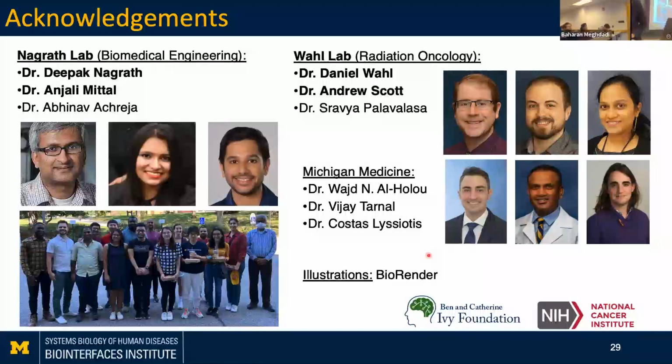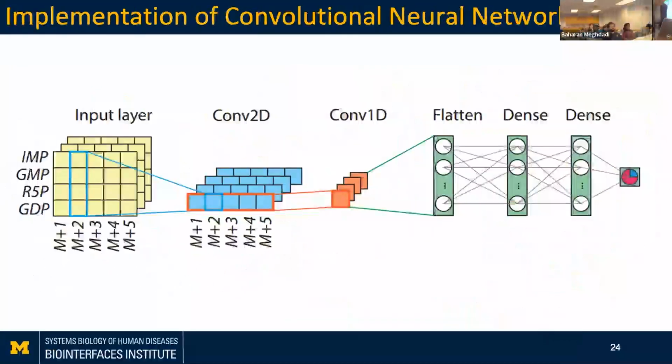In the CNN model, why do you use the 2 convolution layers? The first layer uses convolution 2D, so why do you use convolution 1D, or why not just directly flatten it, skipping the convolution 1D and going directly to the flattened layer? I see.